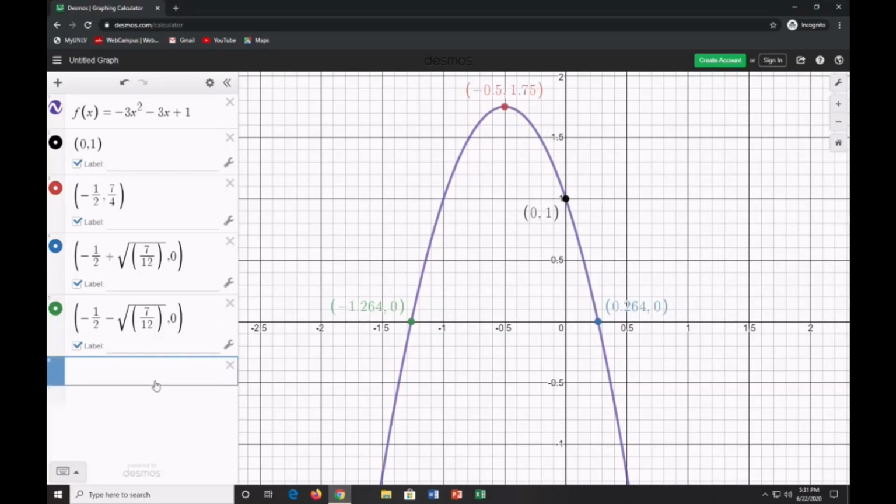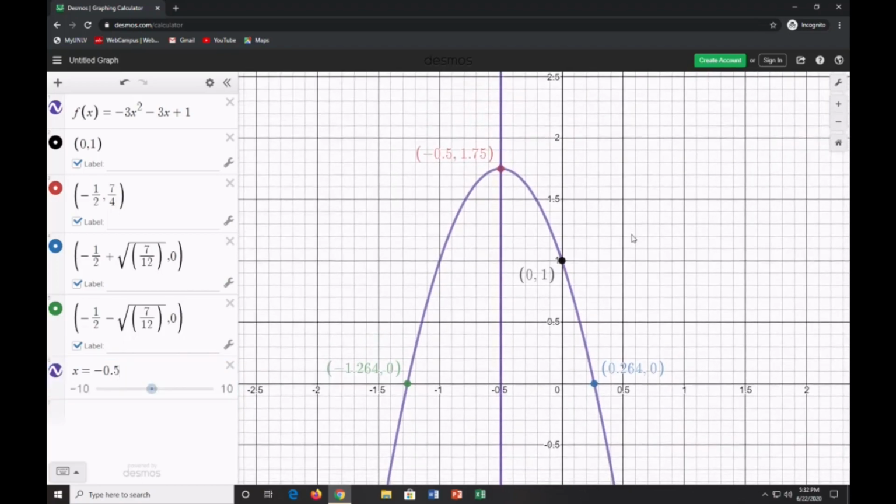So let's also plot the axis of symmetry, which I didn't when I drew the manual version of this. The axis of symmetry should go straight through the h component of the vertex, or the x component of the vertex. Do you see what that is? So that should be x equals minus 0.5. Right there, that vertical line, the axis of symmetry, went through the vertex. Okay.